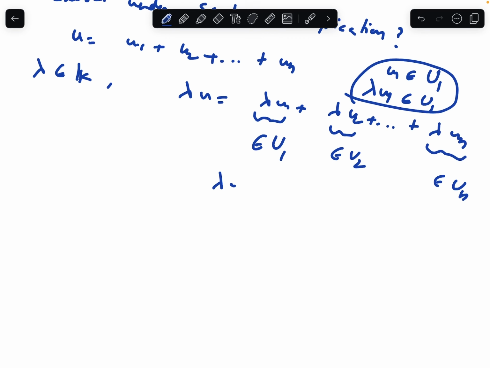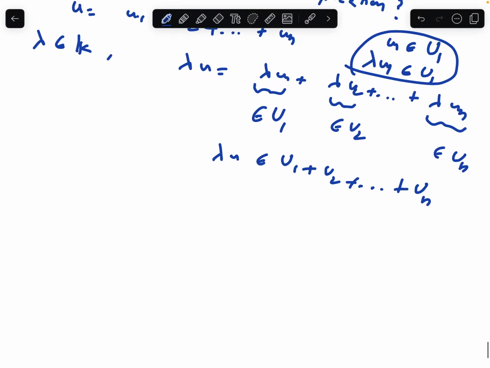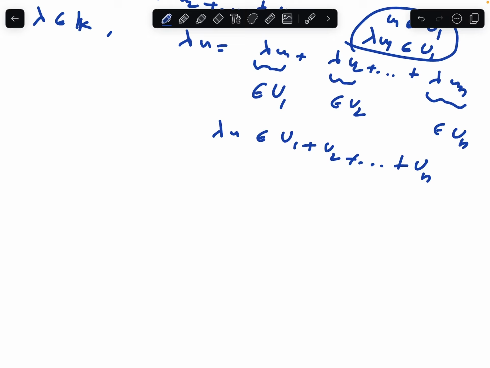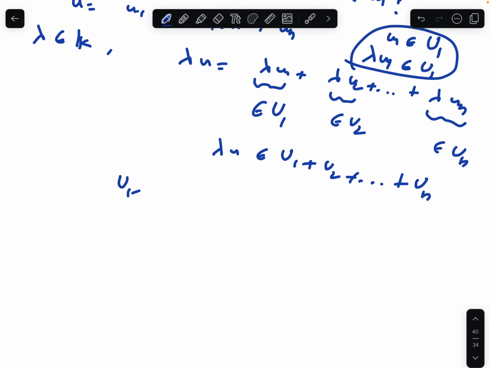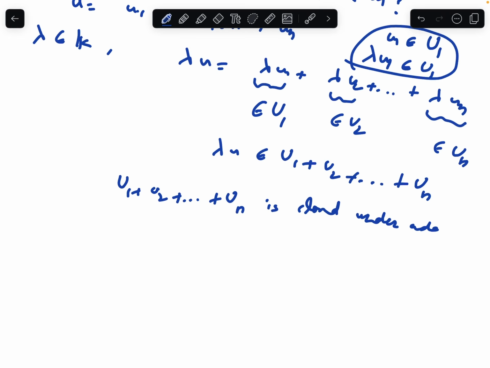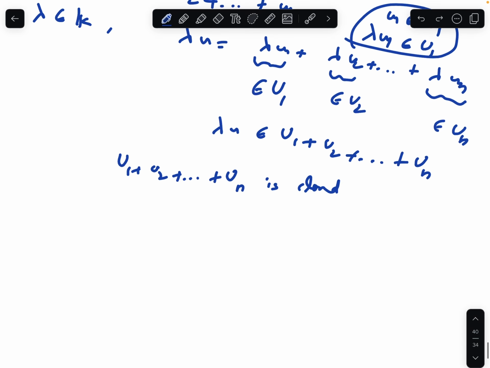So lambda u is inside u1 plus u2 plus dot dot dot plus un. So it is closed under scalar multiplication.